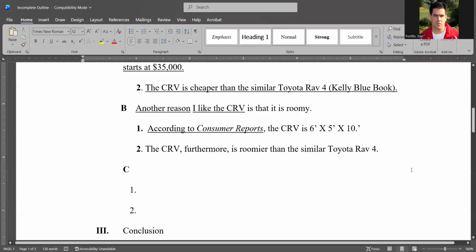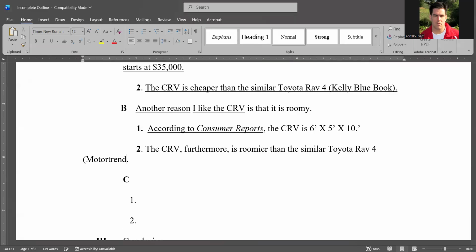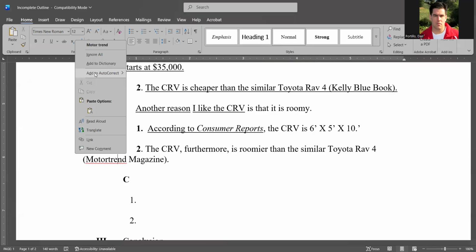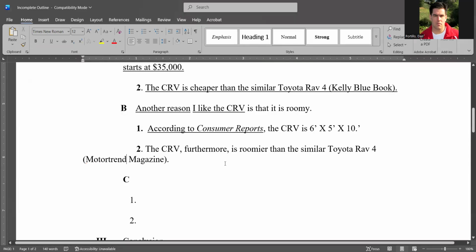And let's say I got that information from, let's just say, Motor Trend magazine. I think that's one word. Let's say this time I decide to use a parenthetical citation or an indirect in-text citation. I'm perfectly fine doing that.